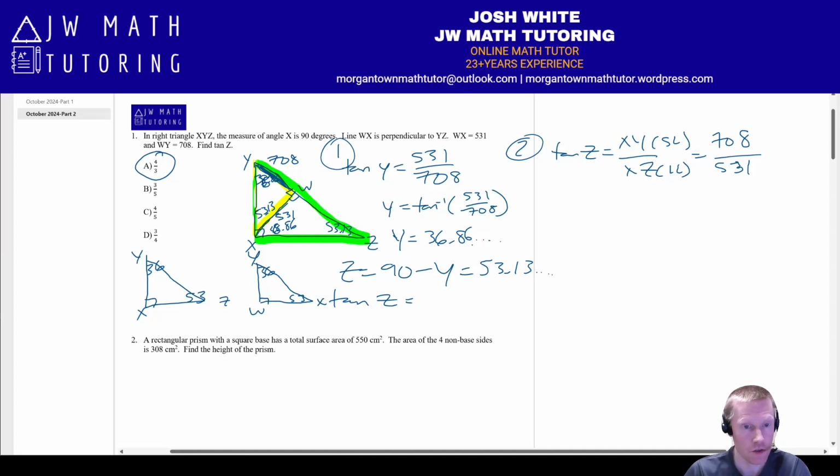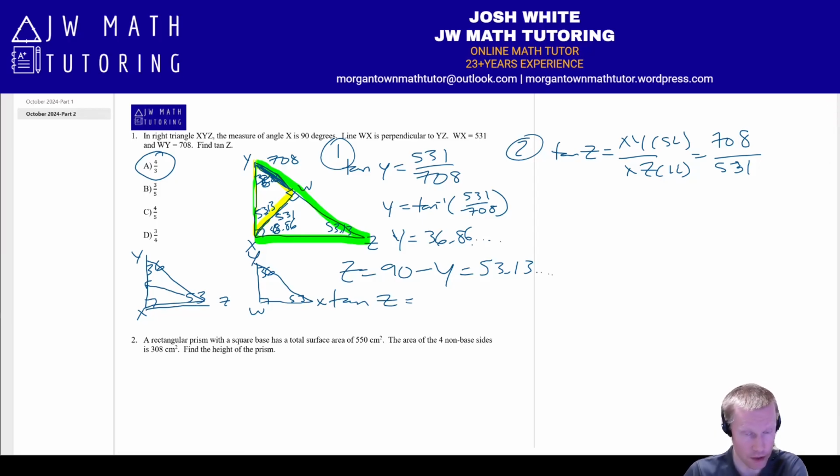So notice in these two triangles, the tangent of Z right here corresponds to this side across from it, which is XY, over this side down here, which is XZ. The same thing is going to be true because they're similar.